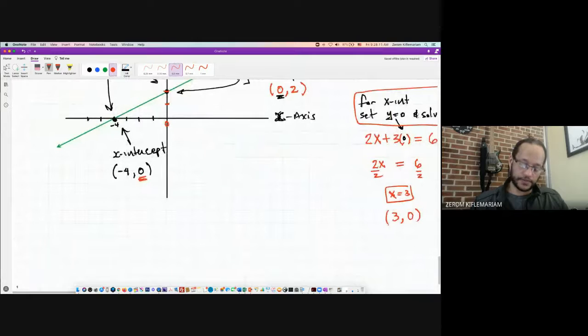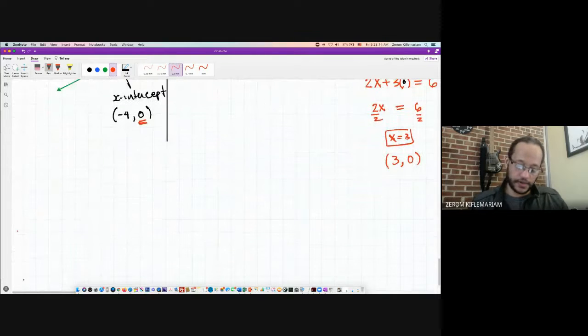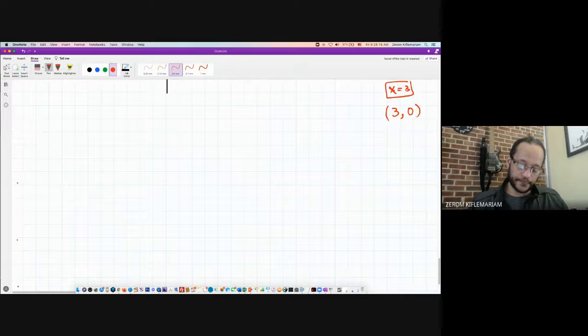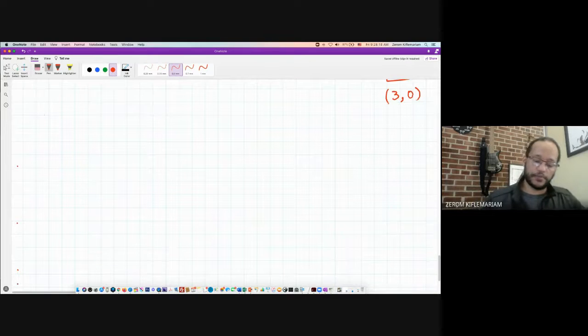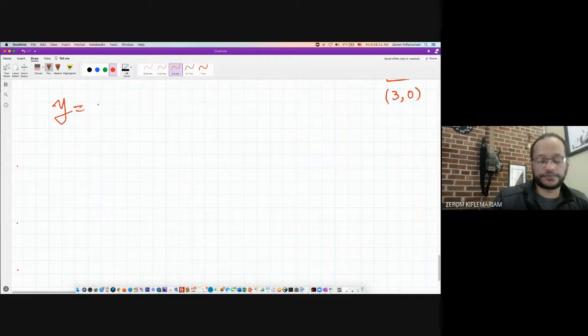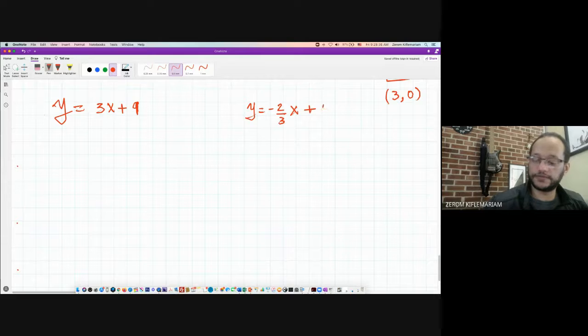All right, some questions that we might have, let's say, y is equal to 3x plus 9, it doesn't matter. And then y is equal to negative 2 over 3 x plus 4.